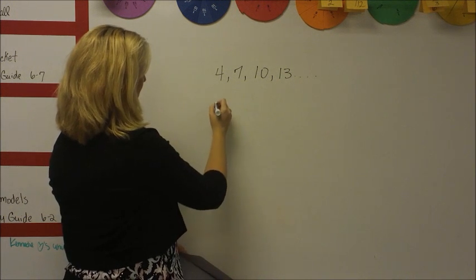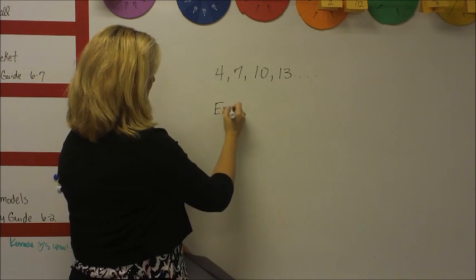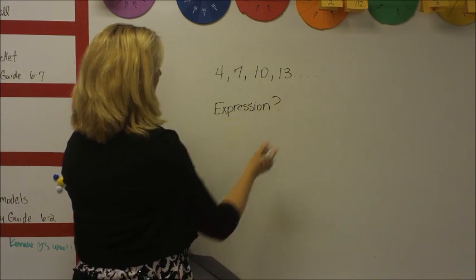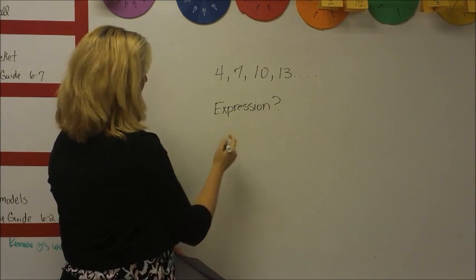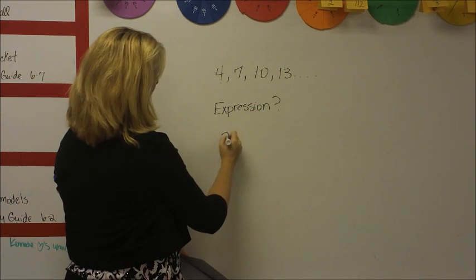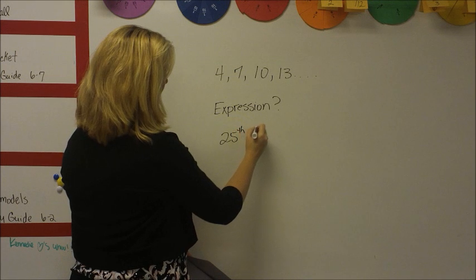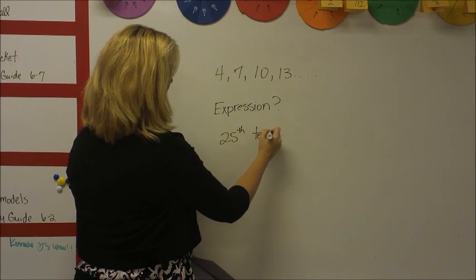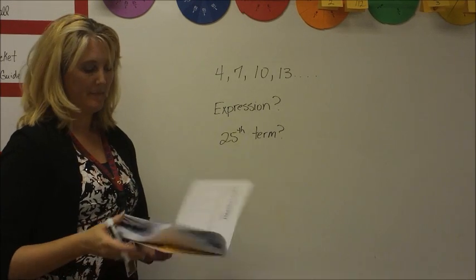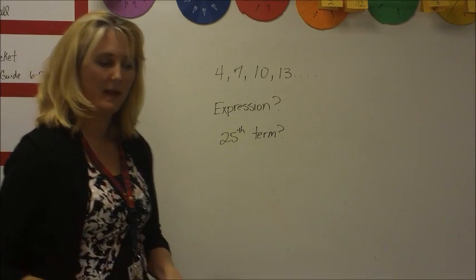I want you to figure out the expression to find any term in the sequence. And then I want you to use that expression to tell me what the 25th term is. Okay? And that ought to do it. I'll see you tomorrow.